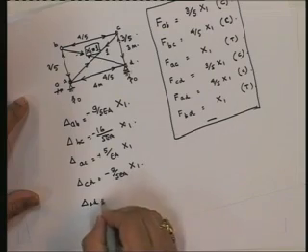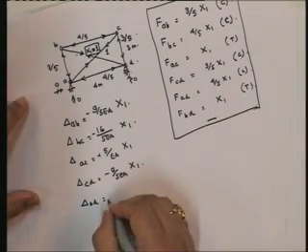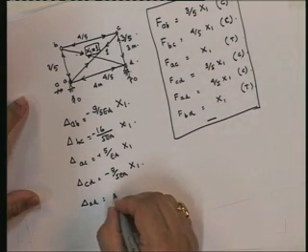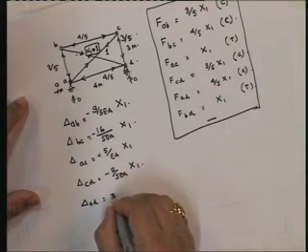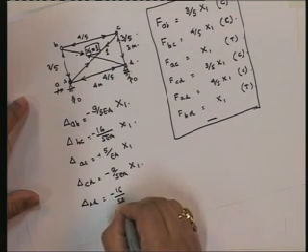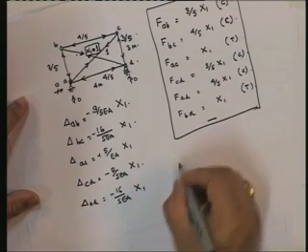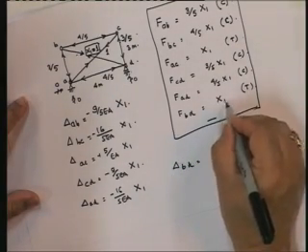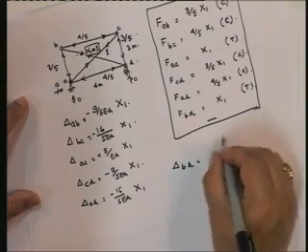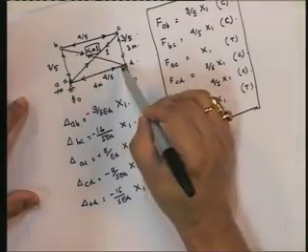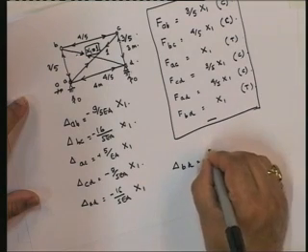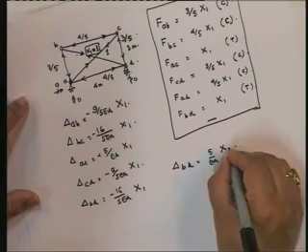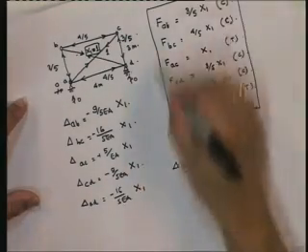Delta AD is going to be 4 by 5 compression, so this is going to be equal to minus 16 by 5 EA x1. And finally delta BD is going to be x1, and what's the length of BD? BD is 5 meters. So it's going to be 5 upon EA x1. These are the deformations due to these.